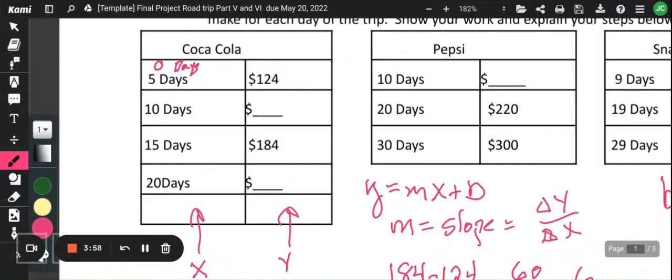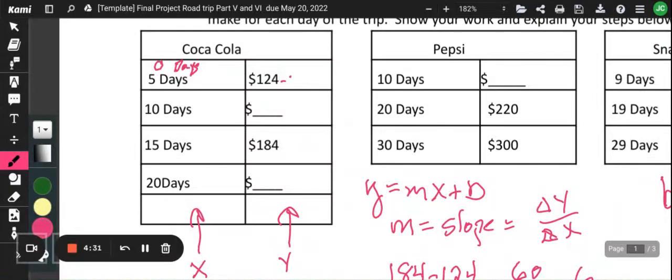And the answer is, well, if we have a slope of 6, so for every day our slope changes by 6, then that means that if I'm going the other direction, I'm taking 6 away from my y. So 5 times 6 is 30.